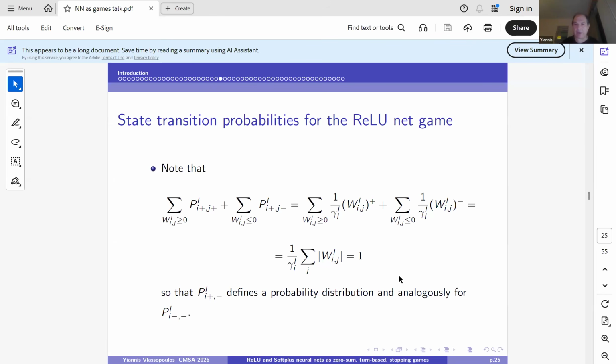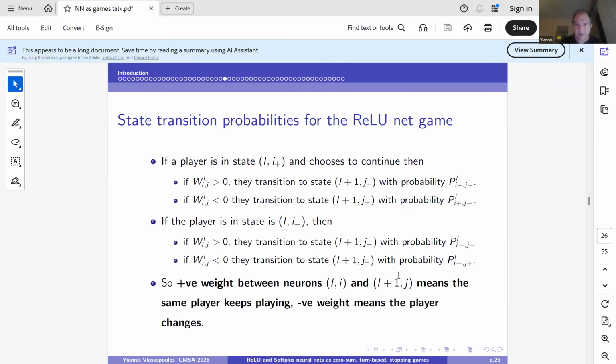So we keep all the probabilities normalized. And this is what I was saying before: if the weight between two neurons is positive, then you go from I plus to J plus, or from I minus to J minus. And if the weight is negative, then you go from I plus to J minus, or from I minus to J plus. So that's how the game works.